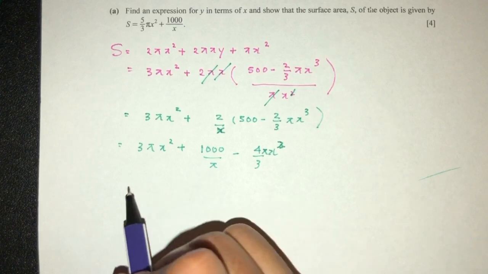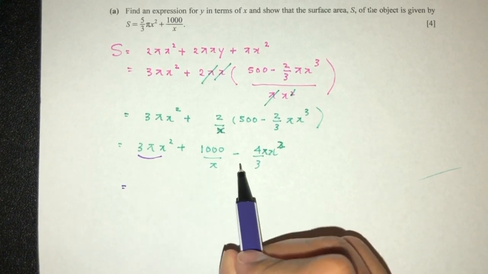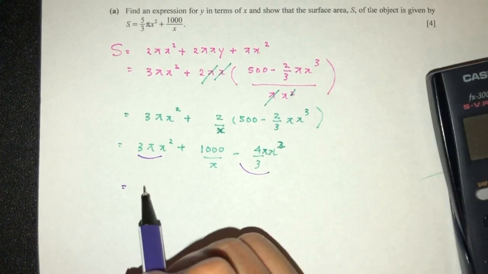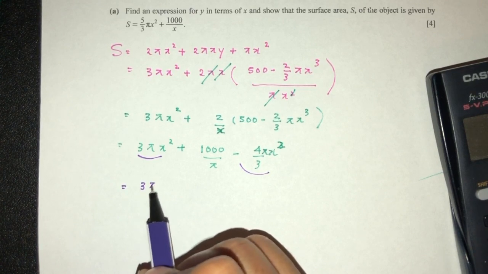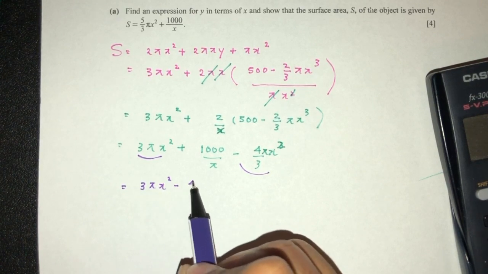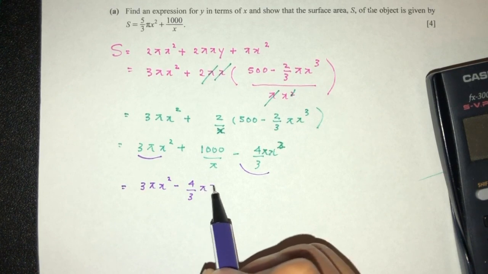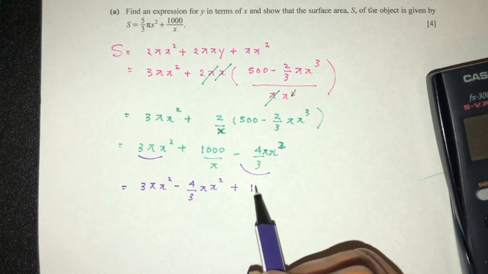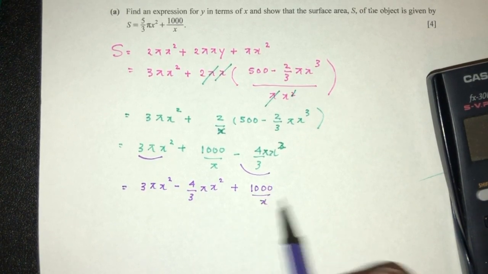Now we can combine. That will be this part minus this. Let's see what happens. We have 3 pi x squared minus 4 over 3 pi x squared, and then plus 1000 over x.